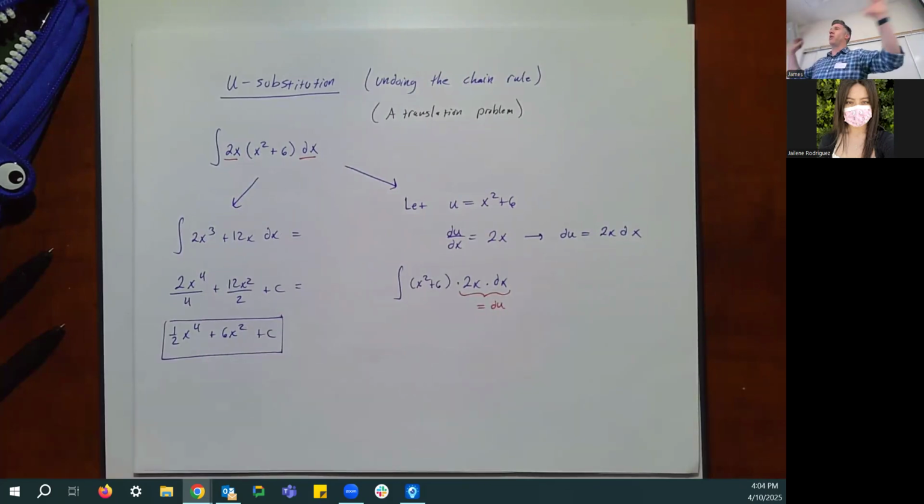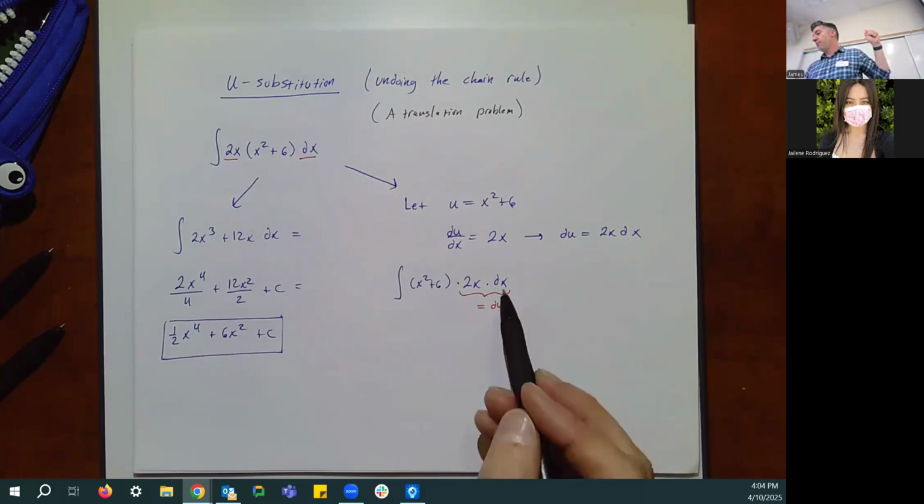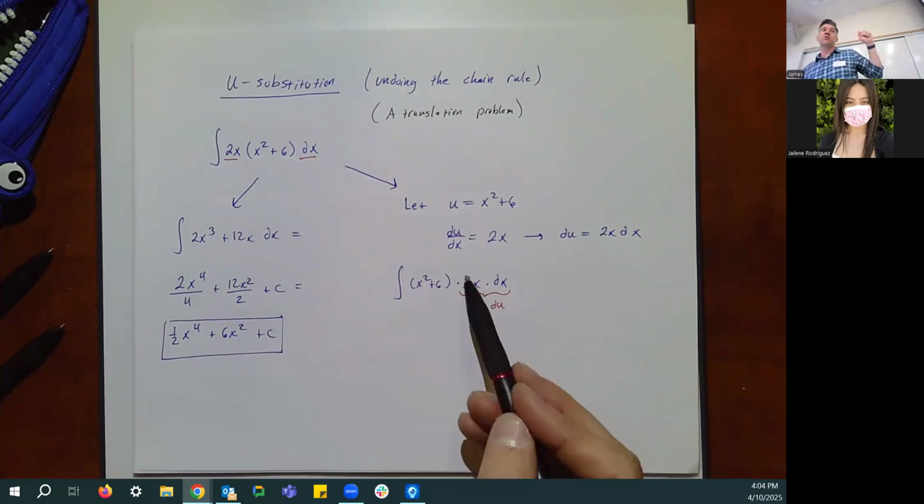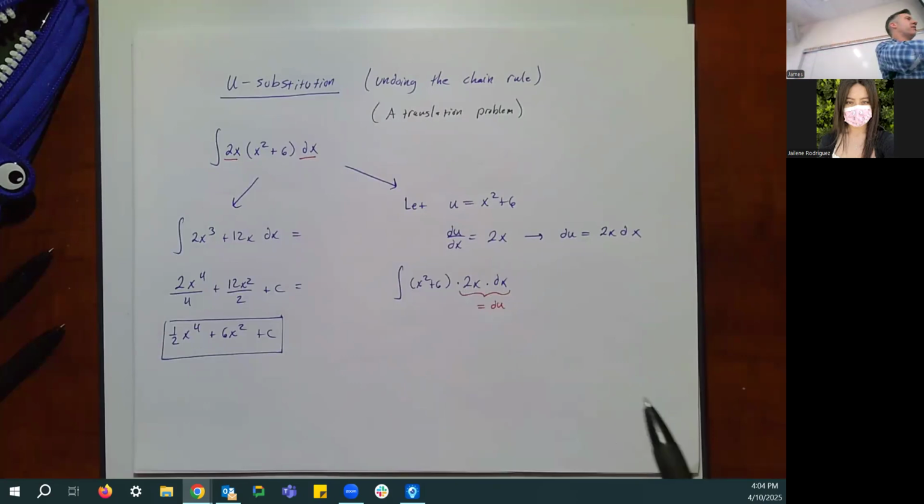And then I'm going to focus on the rest. That's really important because sometimes if you focus on the rest first, you actually lose the piece you need to go with the dx to turn into du. So I will say it 1,000 times: you want to make sure that dx paired with whatever has to go with it turns into du, and then look at the rest of the things.